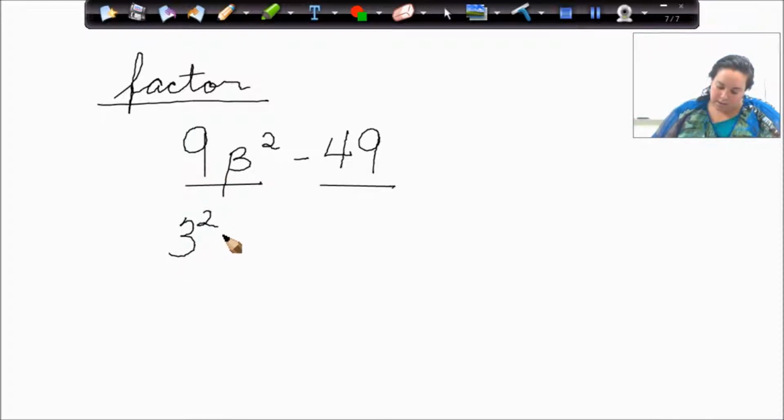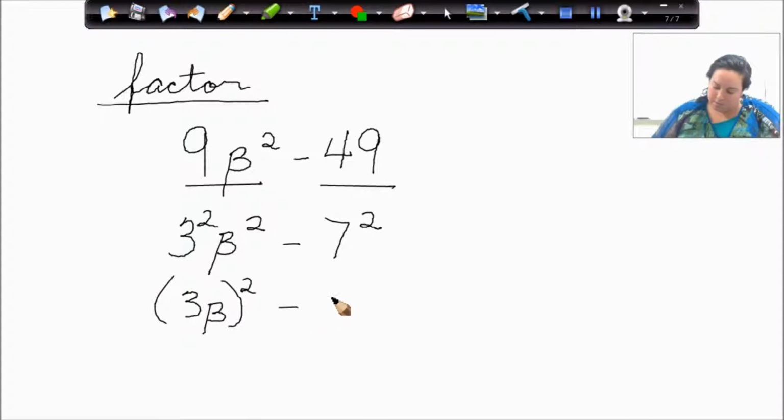Okay, 3 squared, beta squared. And this is 7 squared. Okay, and remember that this can be rewritten as 3 beta squared. It's like factoring out the exponent, in a sense. Okay, so we have something squared minus something squared.